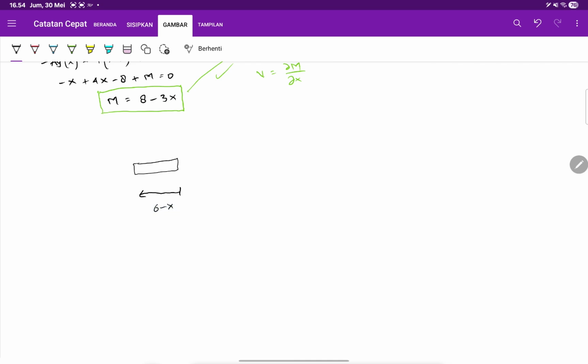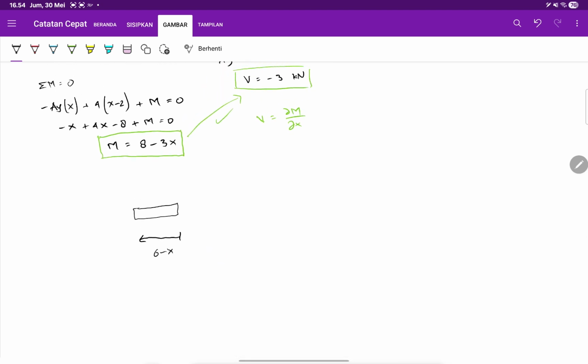Because the length from the left I call x, the length from the right side to the sectioning I call 6 minus x. Hope that makes sense. I call this v, this is n, and this is m.